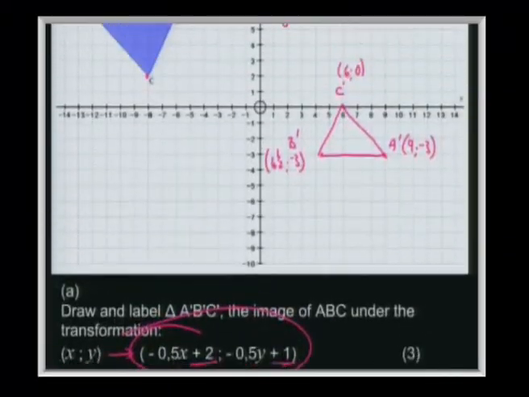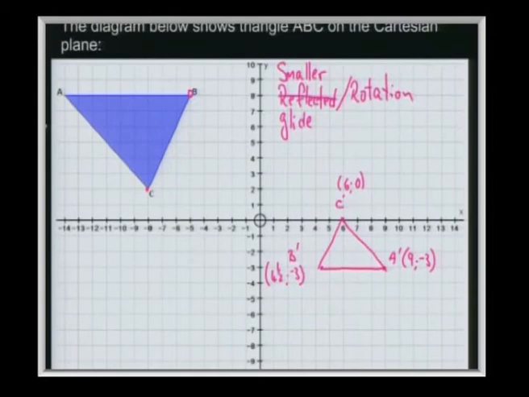Because if we were just to look at the pictures, well, it's not a straight reflection or rotation or glide or scale factor. So looking at the algebraic bit really assisted us in this. Let's look at the last sub-question.